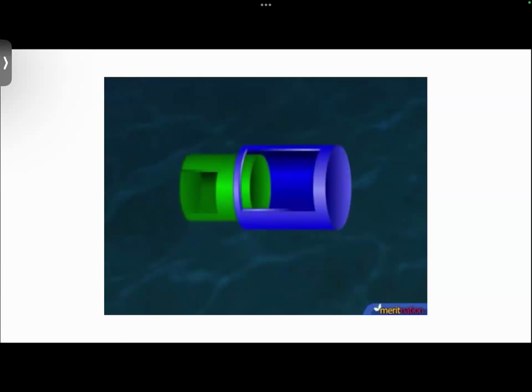Now, let's join two hollow cylindrical boxes of different diameters in such a way that one box can just slide within the other. We make a small hole in the larger cylinder, and also make two holes in the smaller cylinder, the one inside. Fine? But there is one care you need to take.